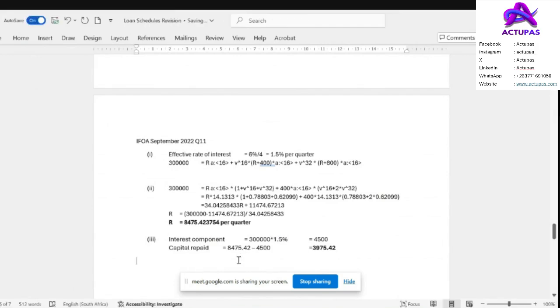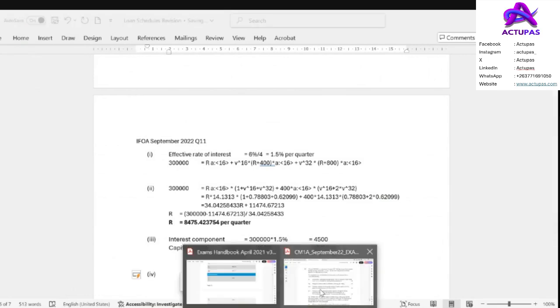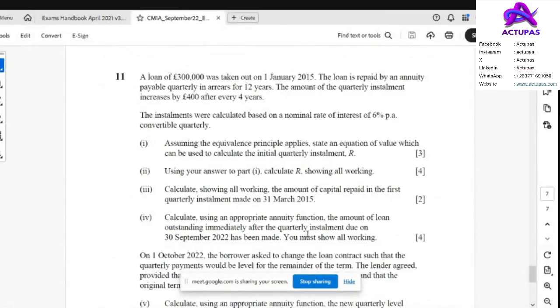We move on to the fourth part of the question, which reads: calculate using an appropriate annuity function the amount of loan outstanding immediately after the quarterly installment due on 30 September 2022 has been made. We have been told that after every 4 years, the amount of the quarterly installments increases by 400.